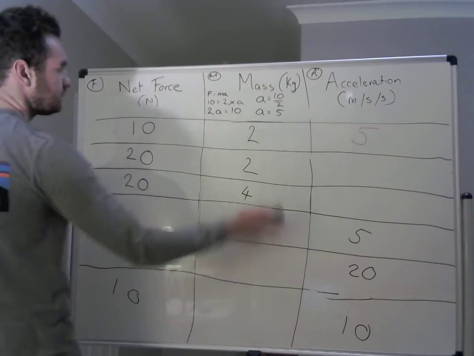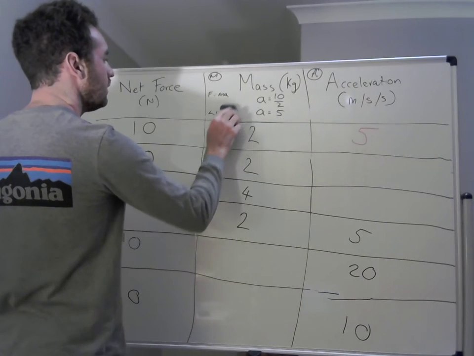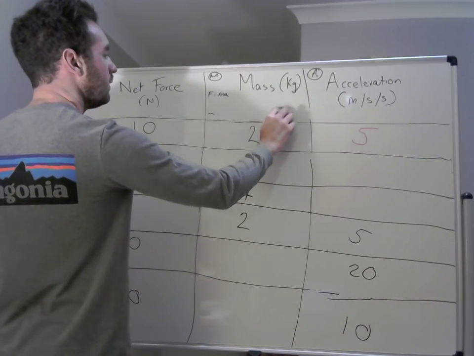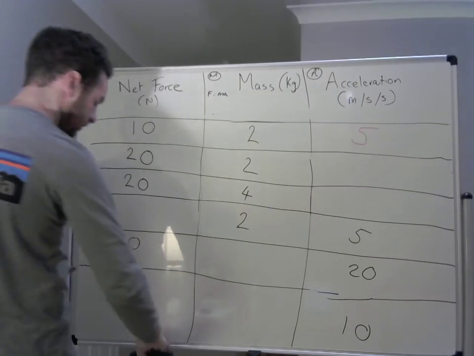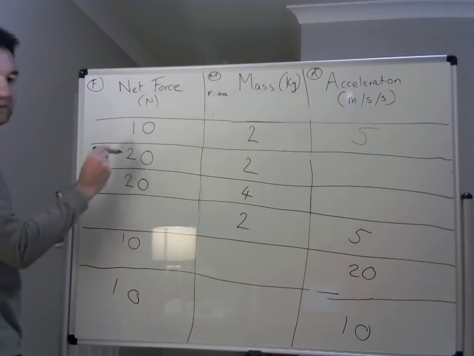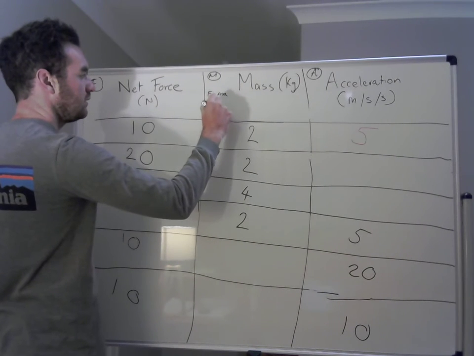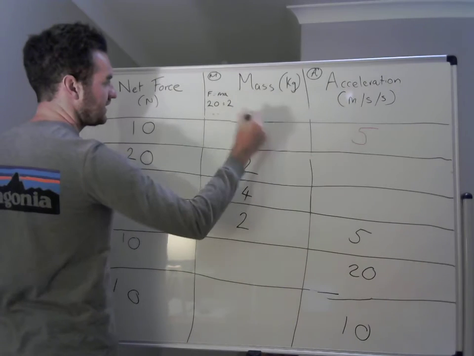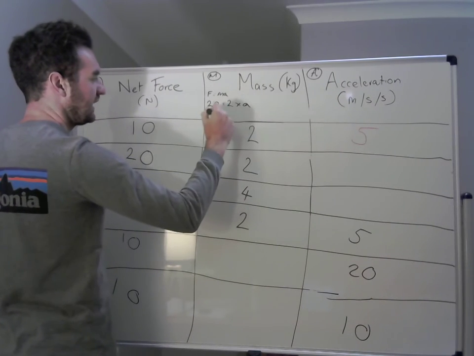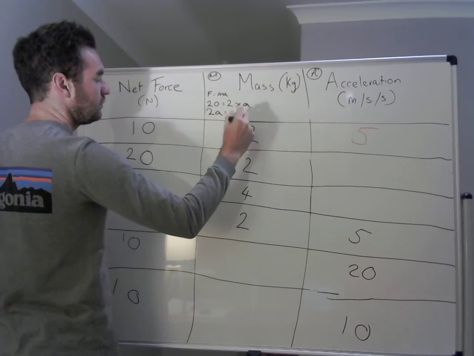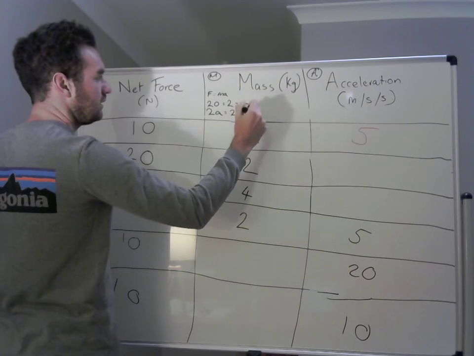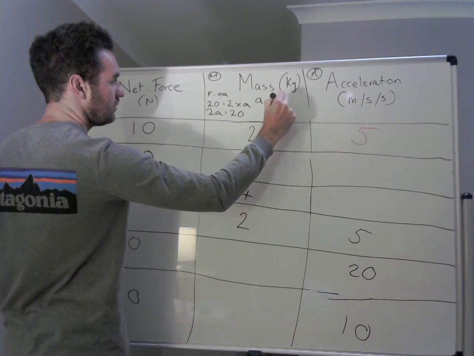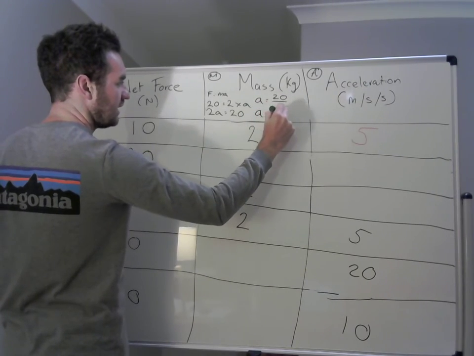Let's do the next one. Okay, so now we know F equals 20. So 20 equals m, which is 2, and we don't know acceleration, so 2 times a. Same thing again, 2a equals 20. a therefore must be 20 divided by 2. a equals 10.